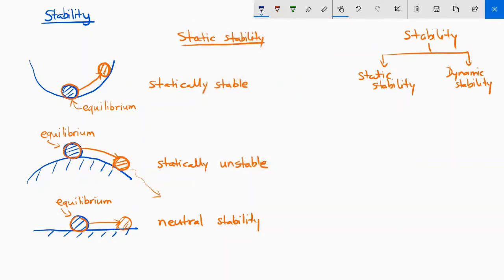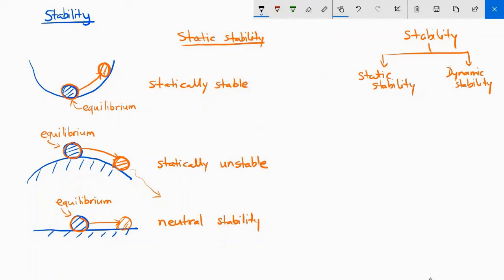Now, in the case of static stability, you are only concerned with the initial tendency of the system. So you disturb the system, and what is its initial tendency? Does it want to come back? If it wants to come back to equilibrium, that's a statically stable system.